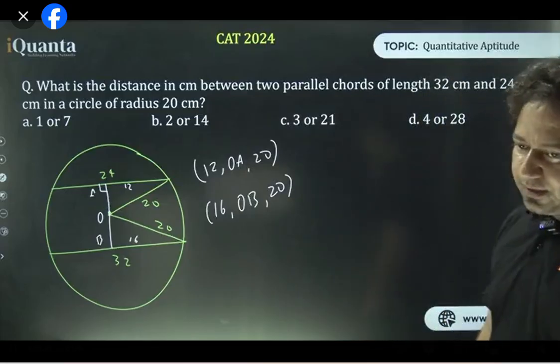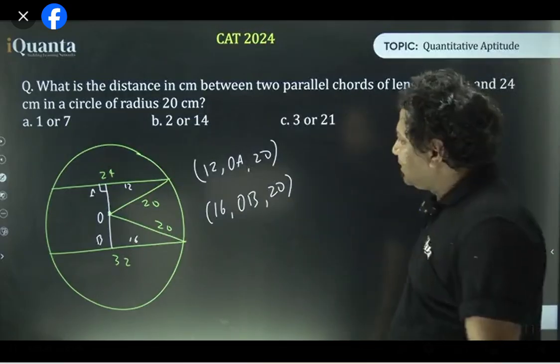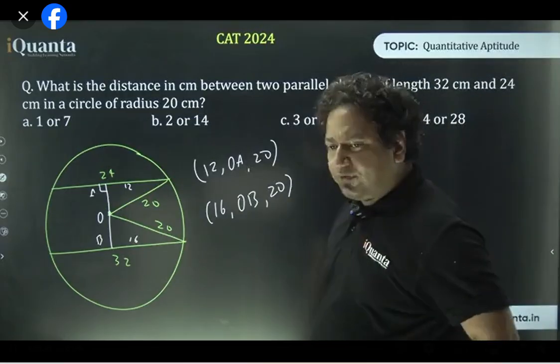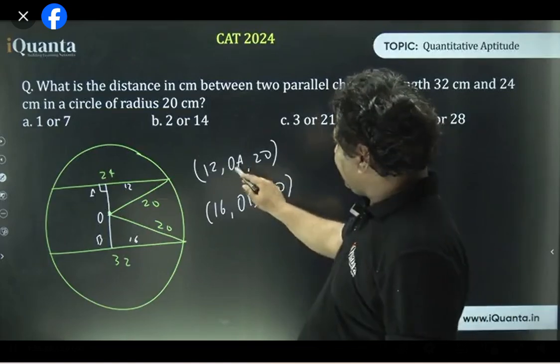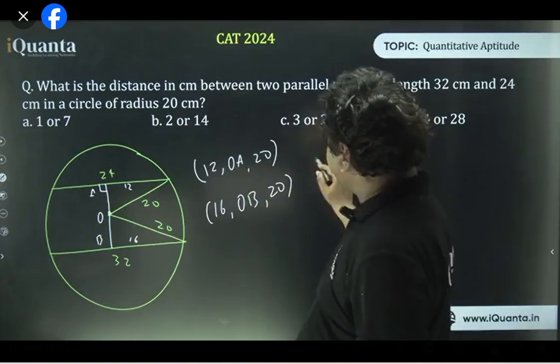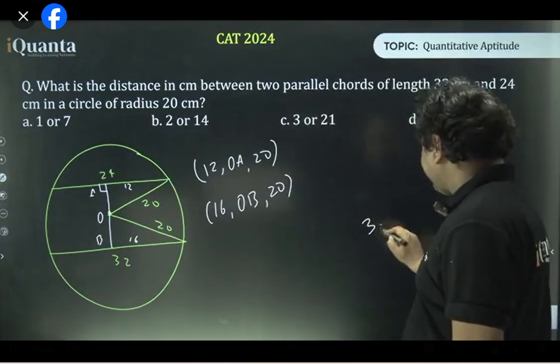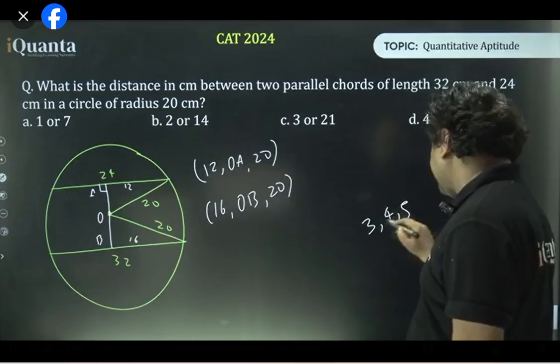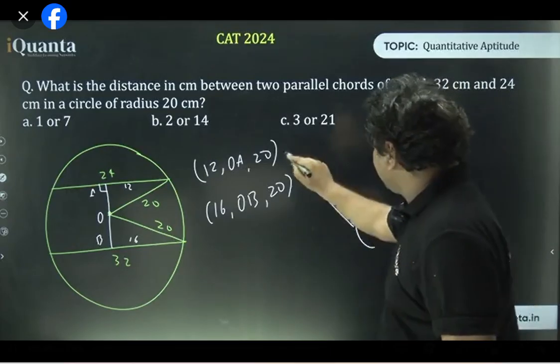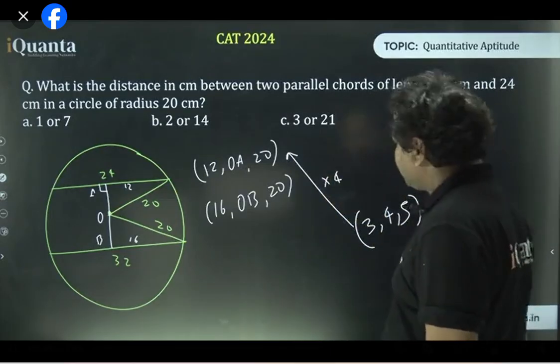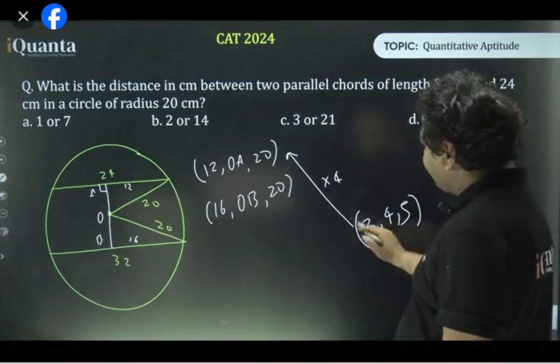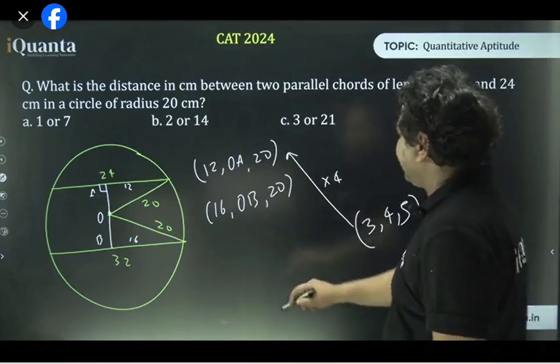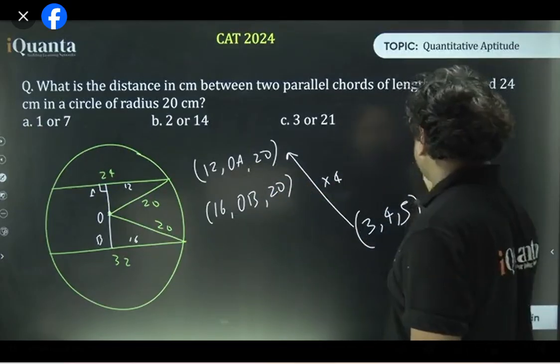Use Pythagoras theorem or triplets, whatever. Is that clear to all of you? Can you see these triplets derived from 3, 4, 5? 3, 4, 5 happens to be a triplet, and this one is 4 times that. 3 4s are 12, 5 4s are 20. So 4 4s are 16. That means OA will be 16.